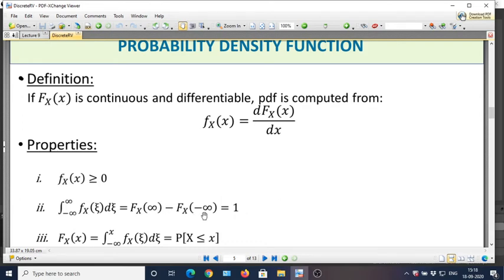We have already seen that the first corresponds to the probability measure of the entire sample space, which is 1. The second corresponds to the probability measure of the null set, the empty set, or the impossible event, which is 0. Therefore this is equal to 1, which means that the density function is normalized. That is, the integral of the density function over the entire real axis should always evaluate to 1.